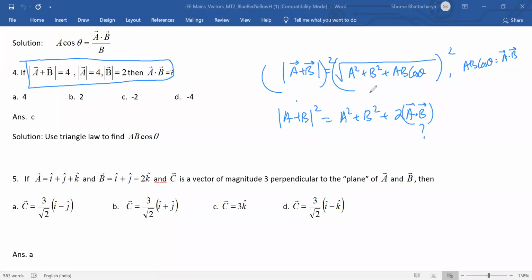This all is given to us. So just substitute. So 4 square is equal to 4 square plus 2 square plus 2x, where x is A dot B. So you can see that x will come out to be minus 2.